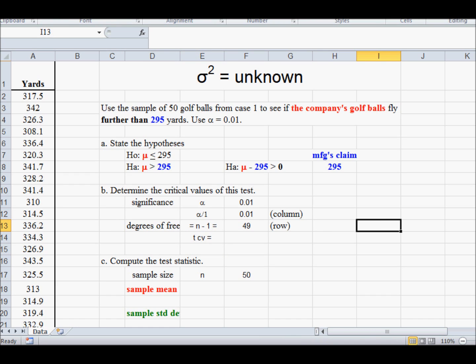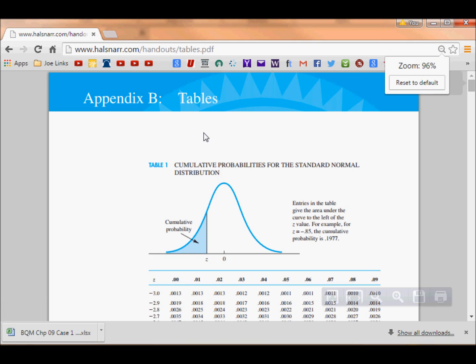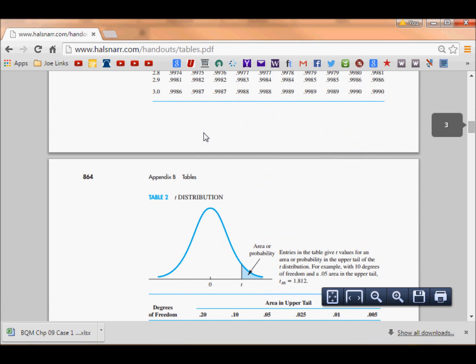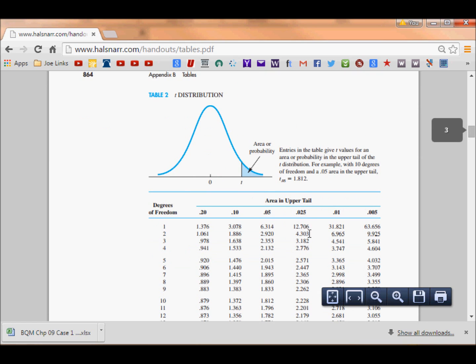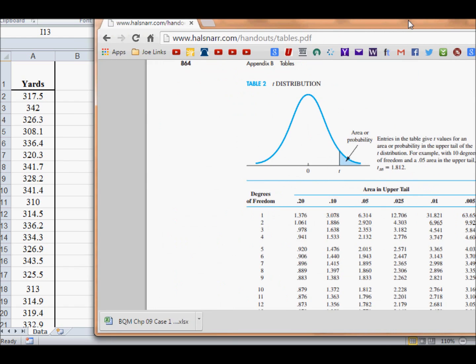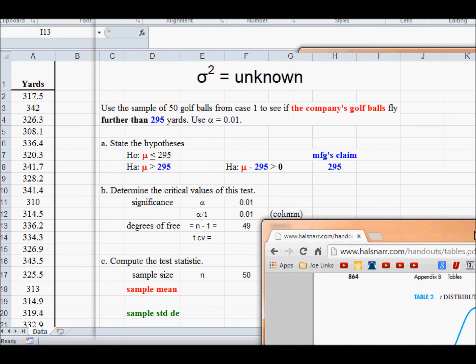Okay, so let me open up the t-table. That's the standard normal table, or as I like to call it, the z-table. The t-table, we got to be in column 0.05, right? Or 0.01, we're in column 0.01. Column 0.01 here.